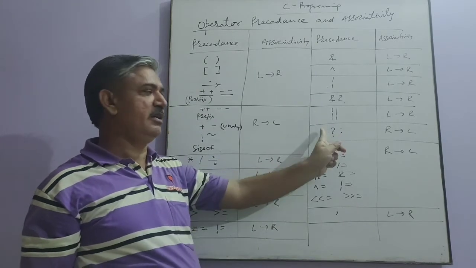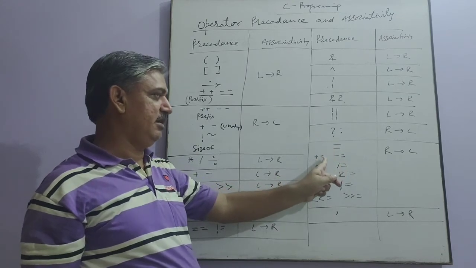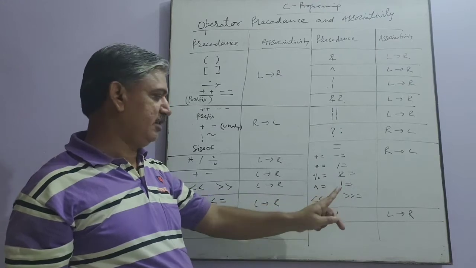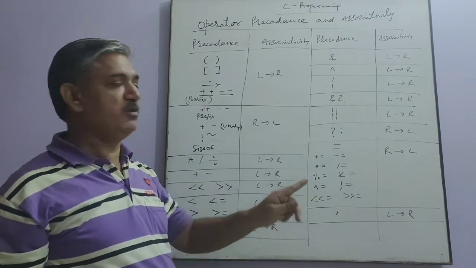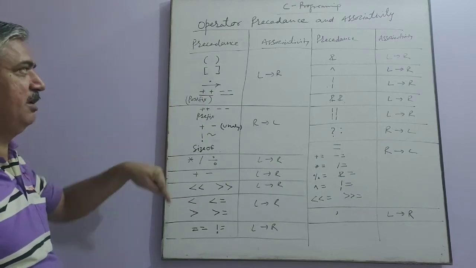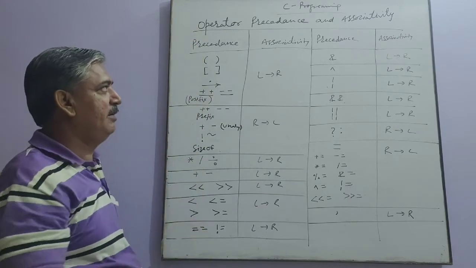This is the ternary conditional operator. Then the assignment operator, and the assignment operators combined with arithmetic, logical and relational operators, and then comma. So this is the precedence matrix, or precedence table, from top to bottom. Clear?